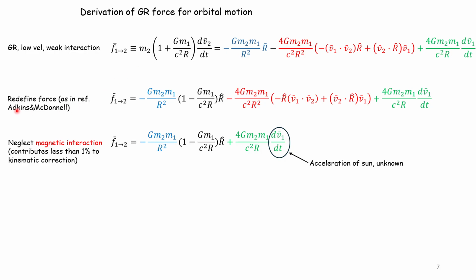We follow the same scheme as the reference I mentioned earlier, and that is to put this factor here, which is the interaction energy. So it's the increase of mass of M2 due to gravitational interaction.